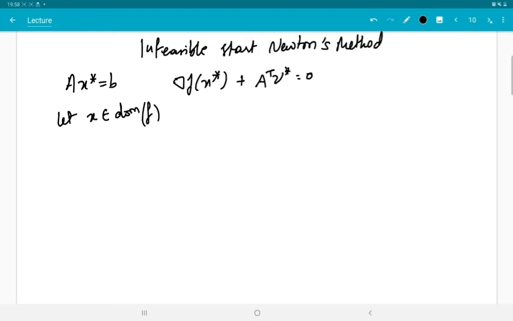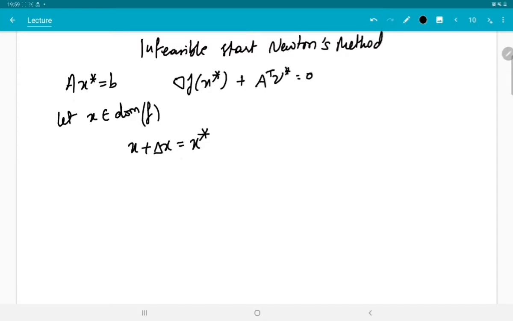So to do that, we use the basic idea of what the Newton step was. We say that we move by Newton step and we reach the optimal. That is, from our initial point we move in the direction of the Newton step and we reach the optimal.